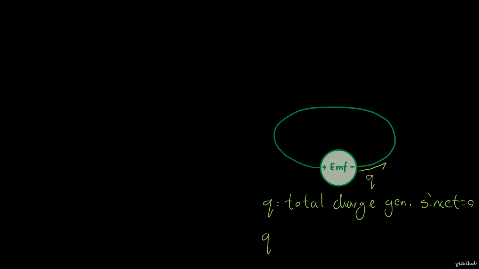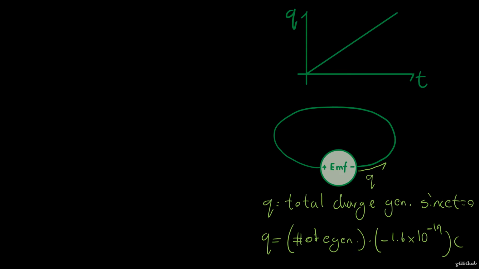If you want to calculate Q and you have the information, it's just the number of electrons generated times the charge of each electron. So let's say my QT graph looks something like this, where at time equals 0, my EMF starts generating charge at a constant rate.